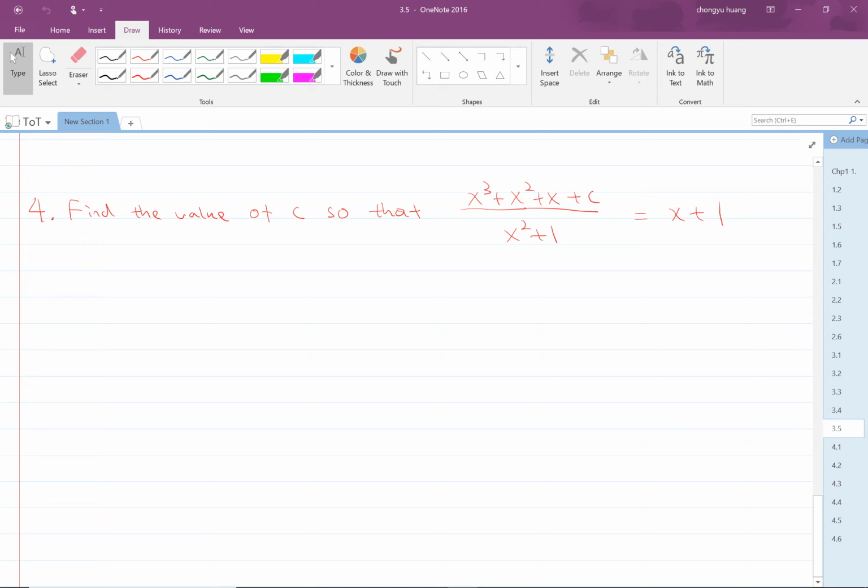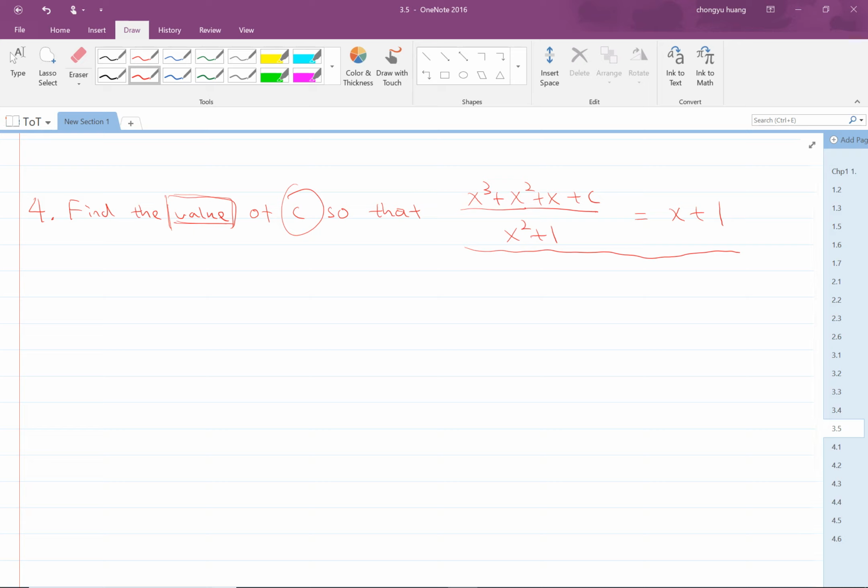Okay, so now let's solve the problem together. Here you want to find the value of C so that those two equations are equivalent, are equal, right?